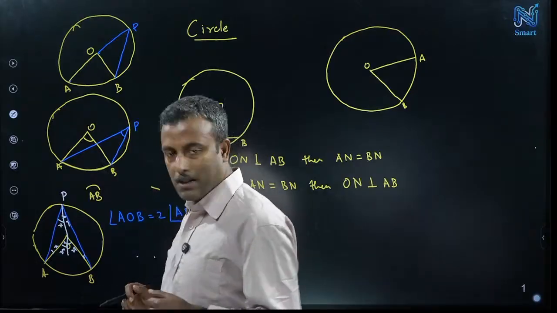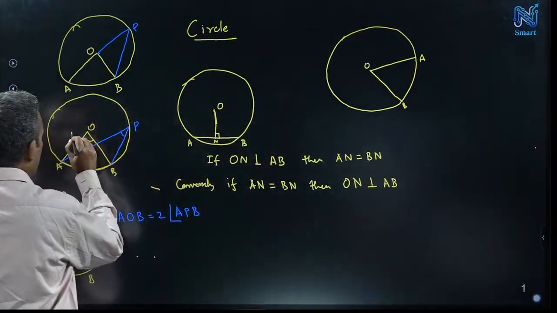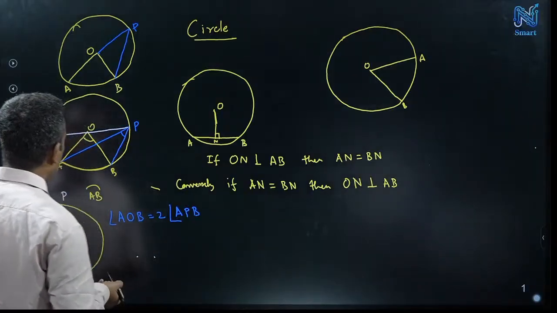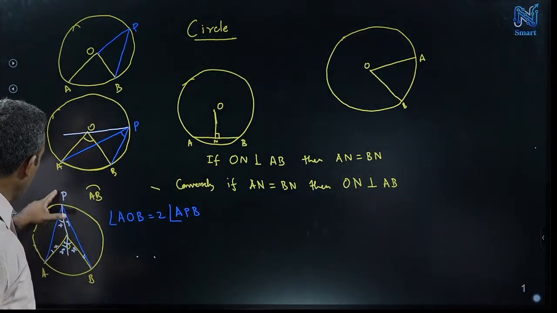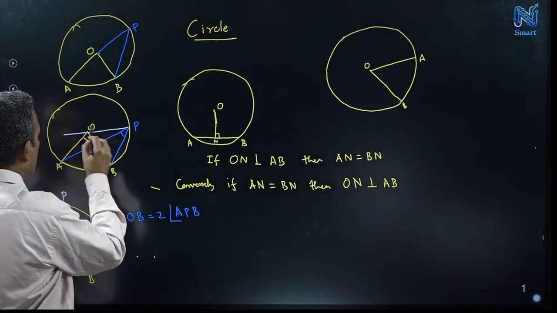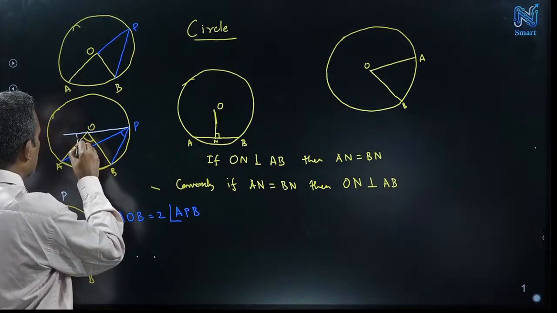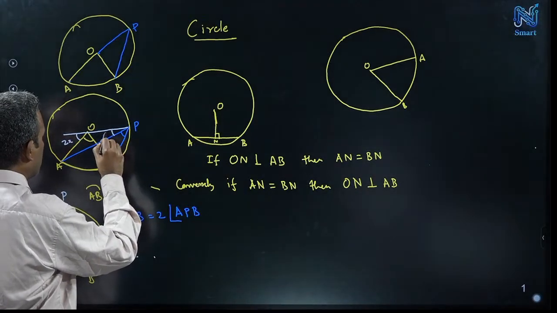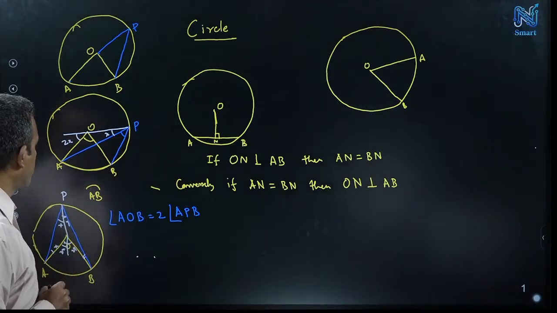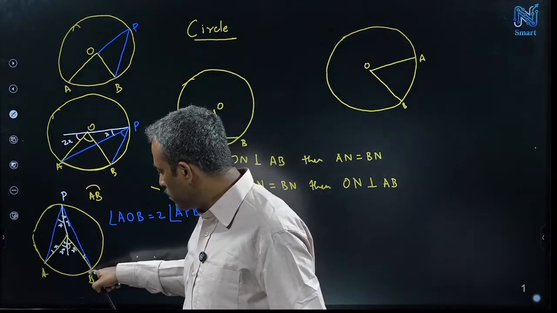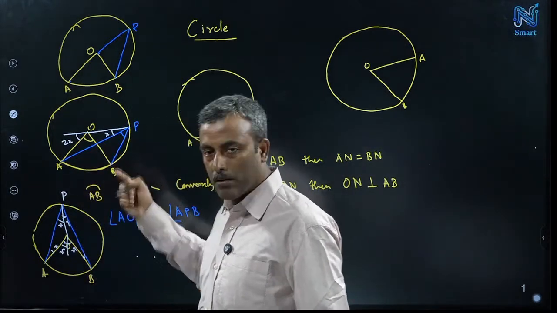But here the proof is slightly different, you know that. If you join this, similarly here AOP, here also AOP. Now the AOP, which angle? This angle is twice this angle, right? And the other triangle is similar. So BOP.